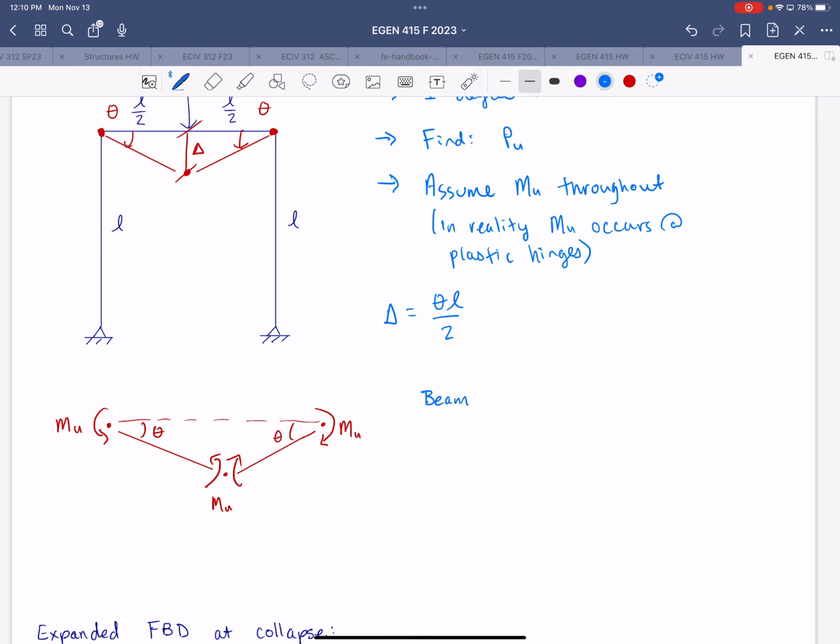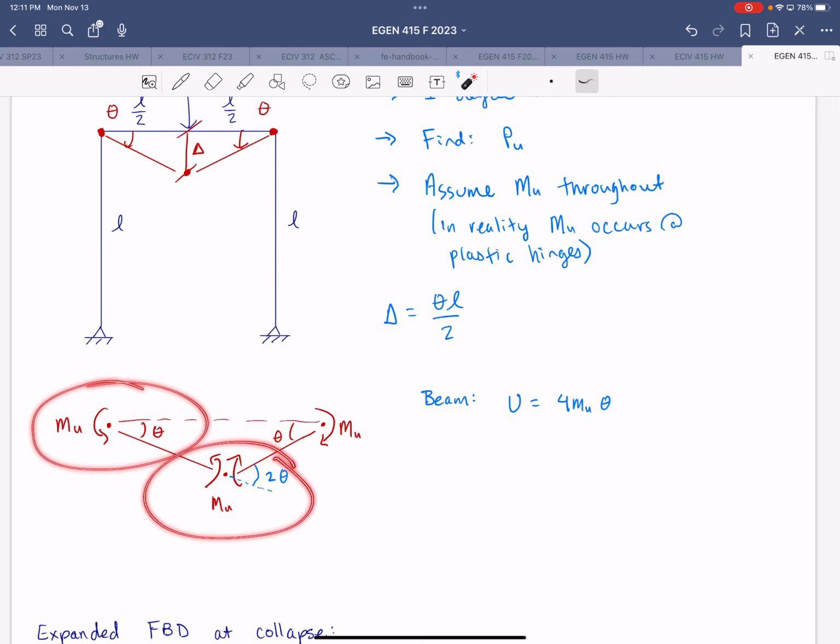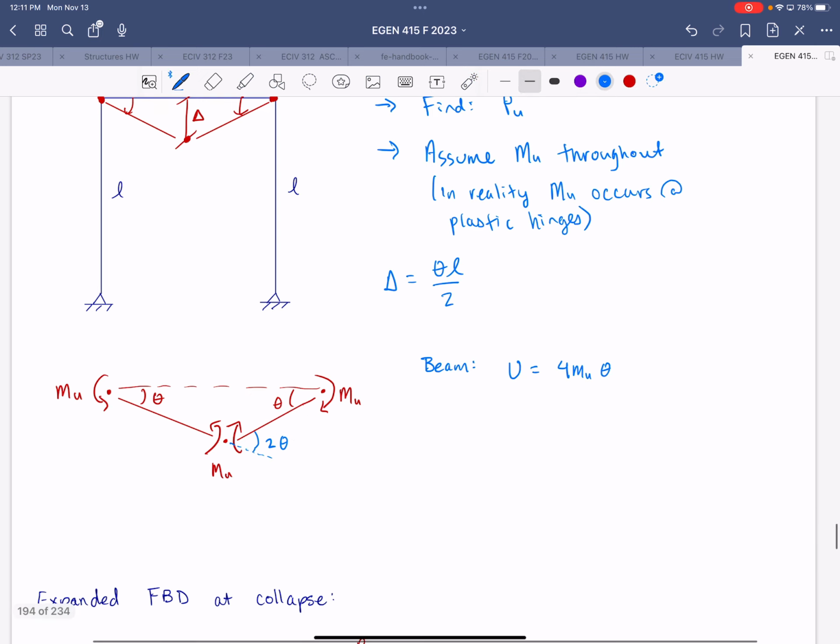For the beam, our internal strain energy is going to be equal to 4 MU theta. You can imagine the total rotation at that center hinge is equal to 2 theta. So over here we have MU times theta, at this hinge we have MU times 2 theta, and at the last hinge MU times theta. MU times theta plus MU times 2 theta plus MU times theta gives us 4 MU theta.